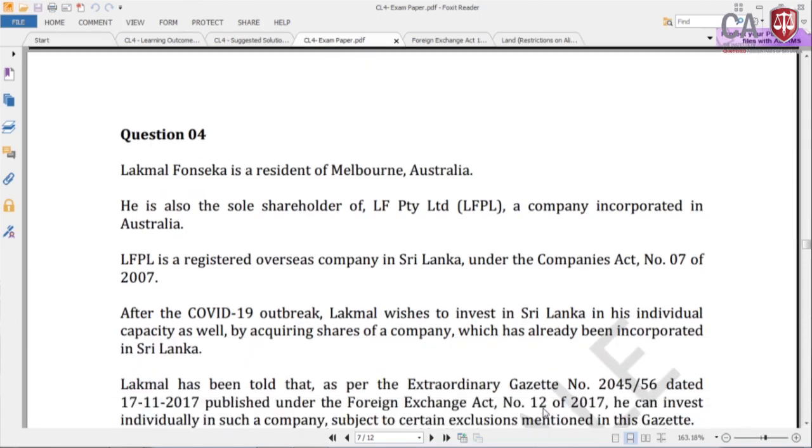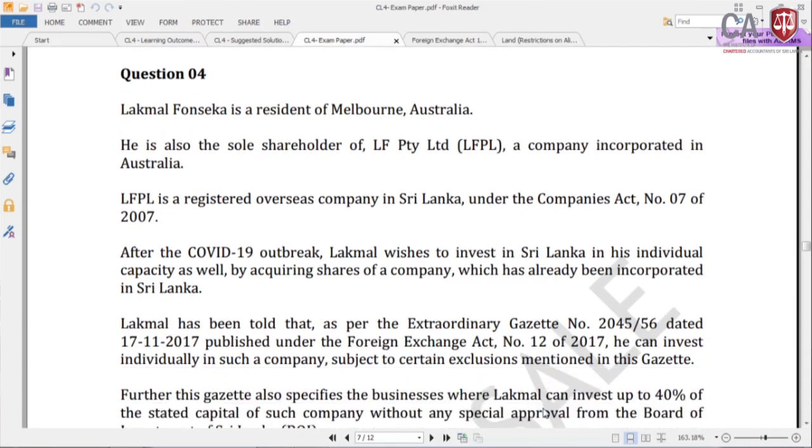Now, let us look at question number 4. Lakmal Fonseca is a resident of Melbourne, Australia. Where is Lakmal? He is a resident of Australia. He is also the sole shareholder of LF Private Limited, a company incorporated in Australia.